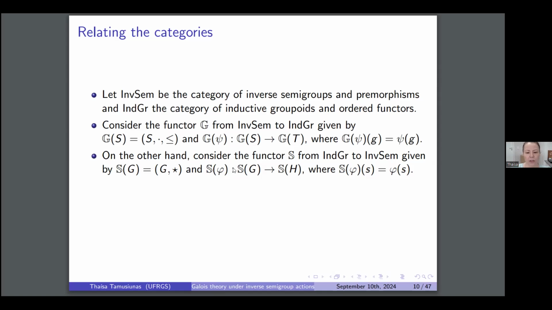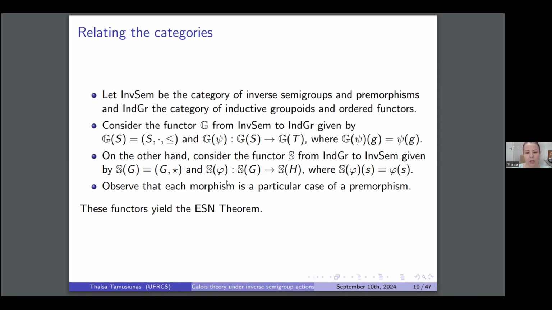And the functor is a premorphism, and it's demonstrated that. Each morphism is a particular case of a premorphism. So these functors, G and S, yield the ESN theorem that I state now.